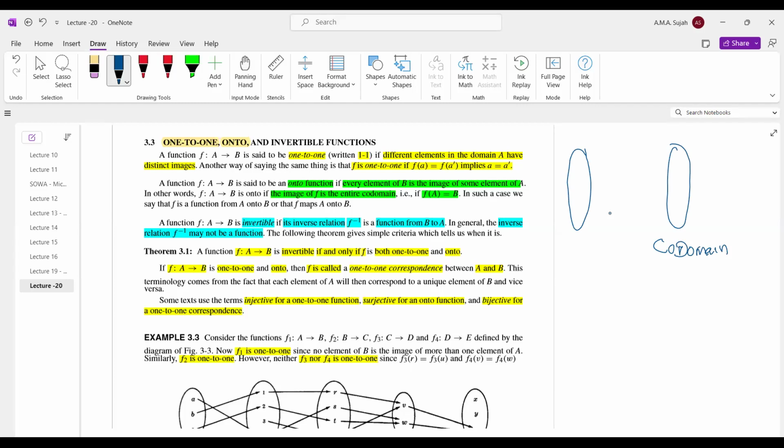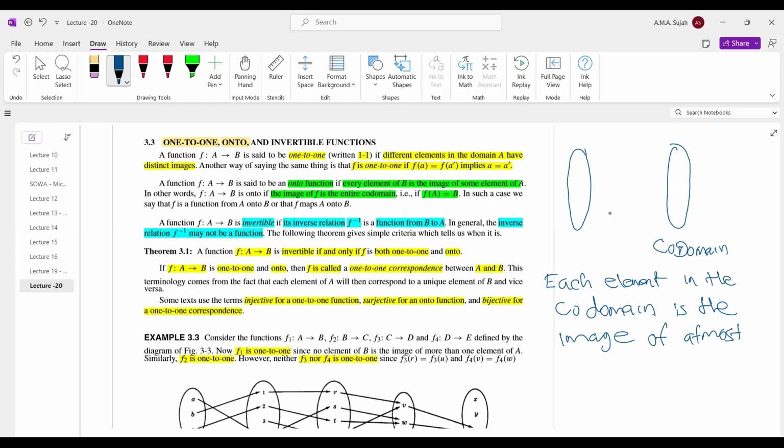A one-to-one function means each element in the codomain is the image of at most one element in the domain.